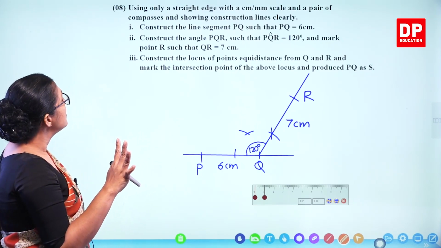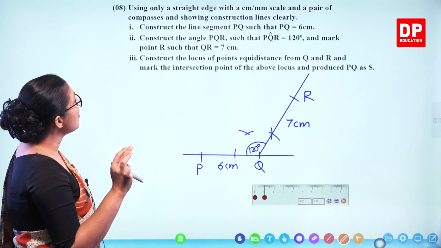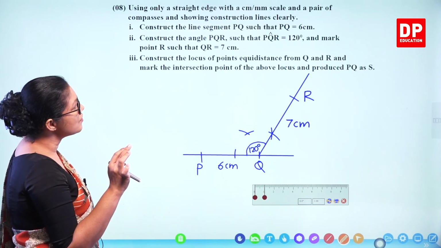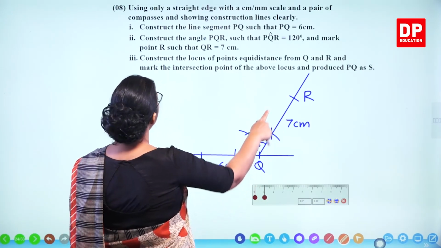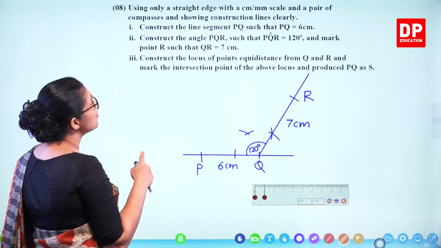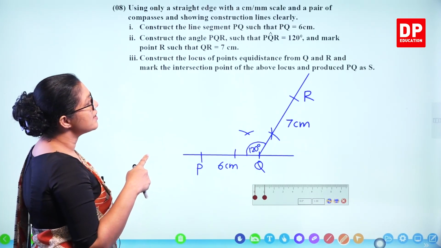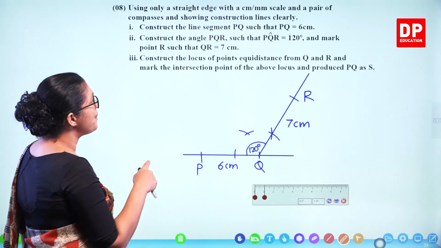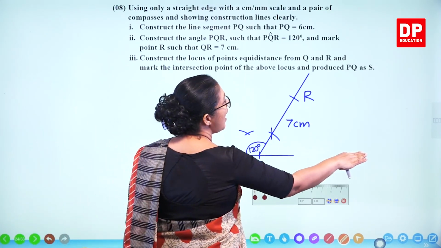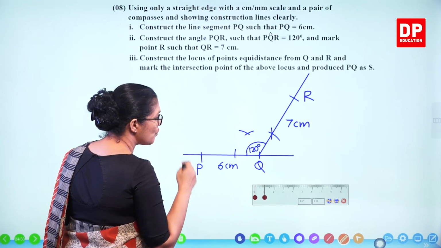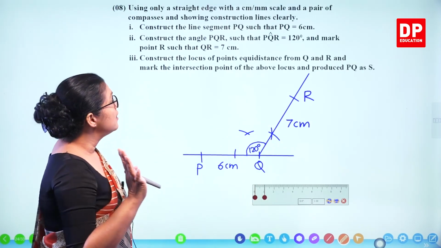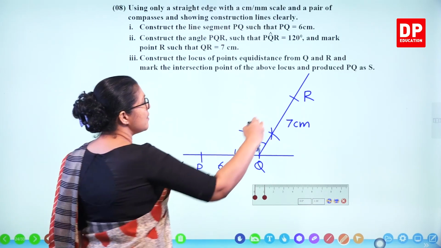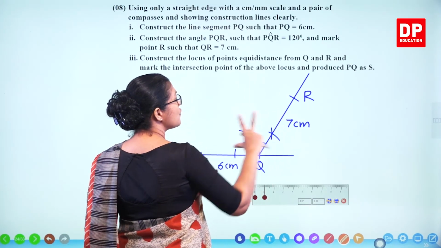Then next one, construct the locus of points equidistant from Q and R and mark the intersection point of the above locus and the produced PQ as S. So first we'll draw the perpendicular line, perpendicular bisector, equidistant from 2 points.